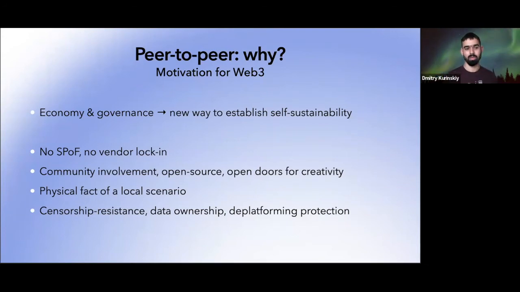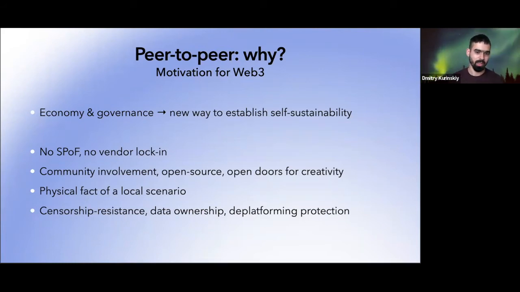Also, we could have a physical fact of a local scenario when our scenario is essentially peer-to-peer, and we just don't need to have a central entity to be in between. One of the examples is FireChat. FireChat just reflects the fact that we are close to each other and we want to communicate. And we have some means of communication with like Bluetooth signal or something like that.